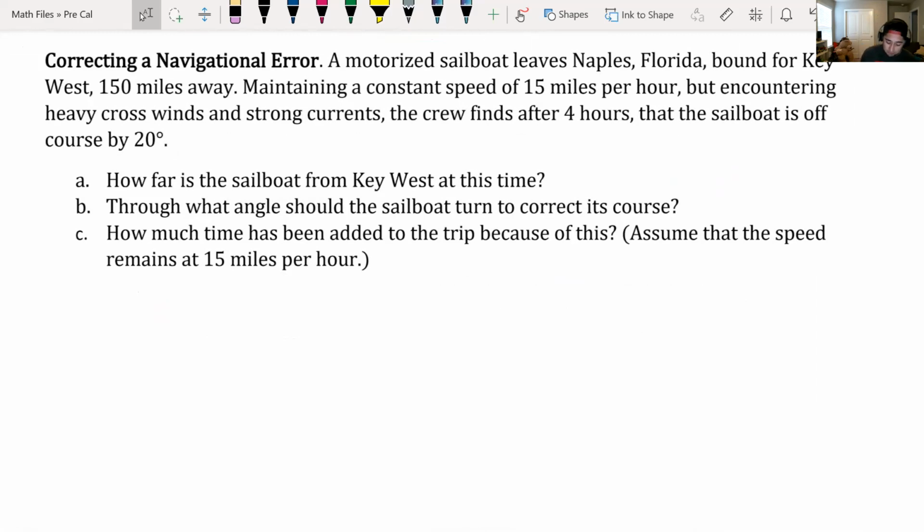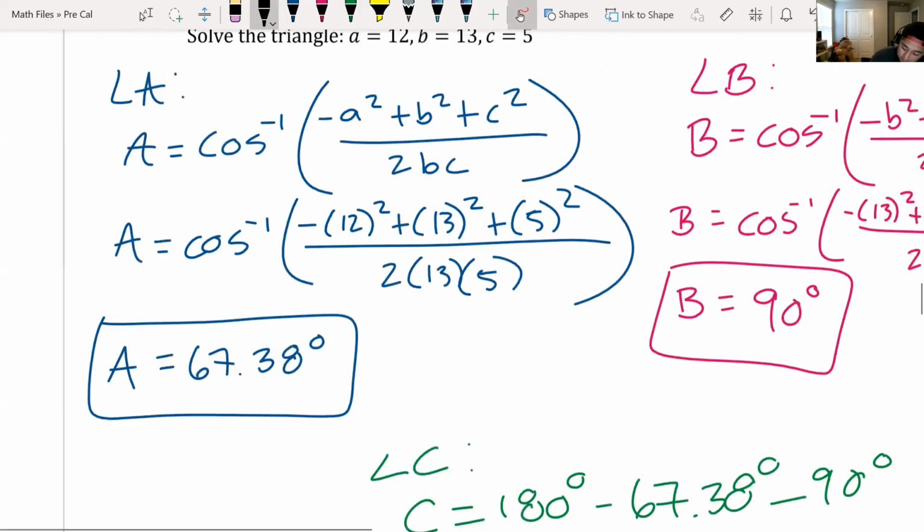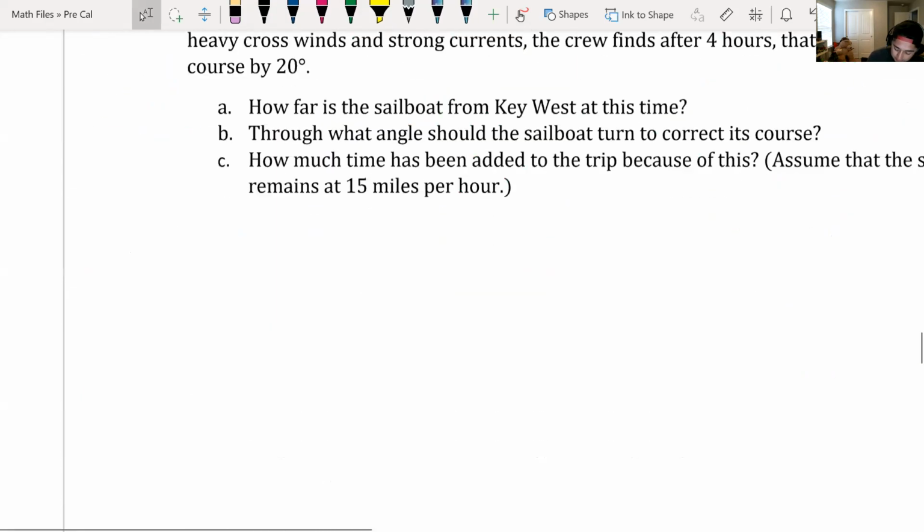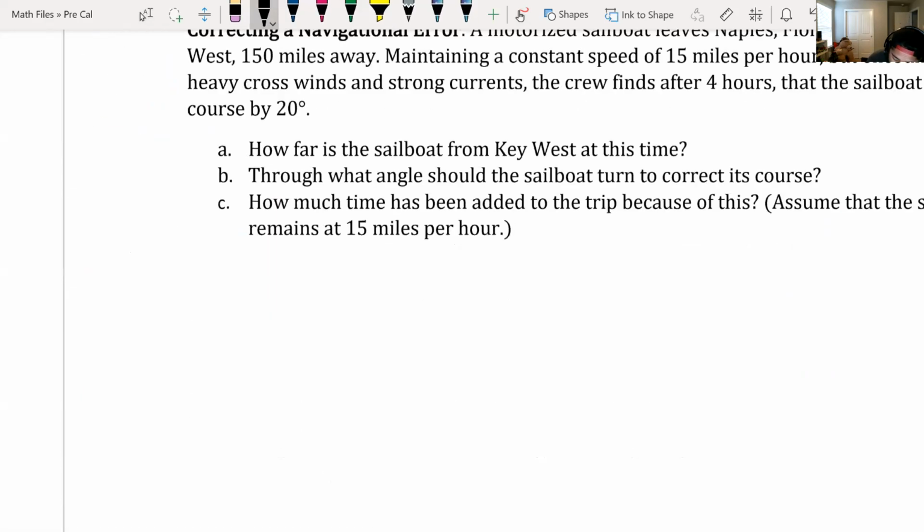Okay. So we are leaving from Naples, Florida. So I'm just going to draw a diagram here. So we'll call this up here, Naples, Florida. So this point will be Naples, Florida.